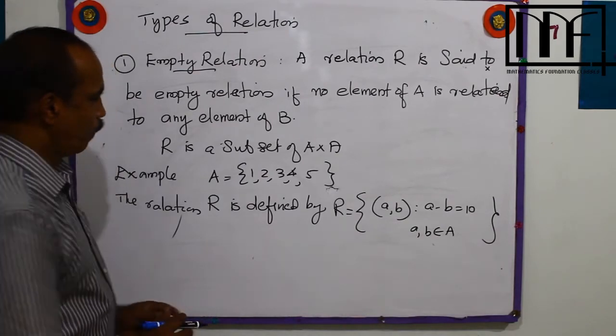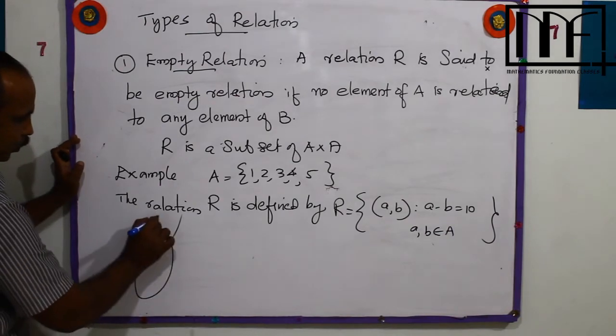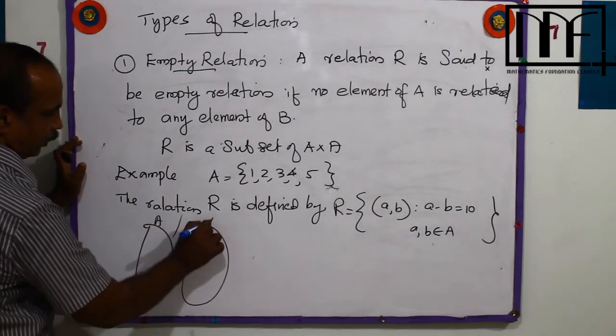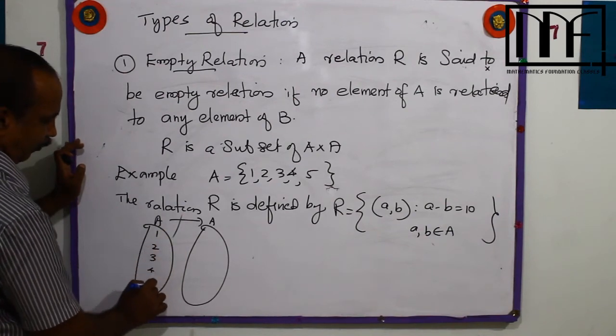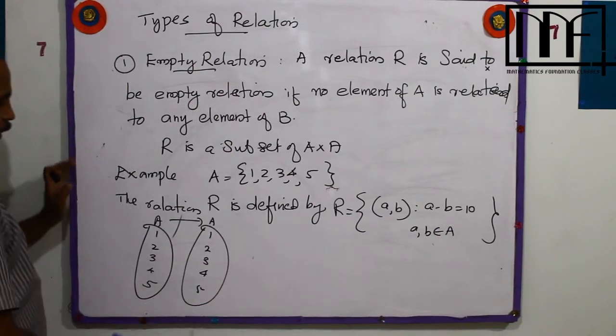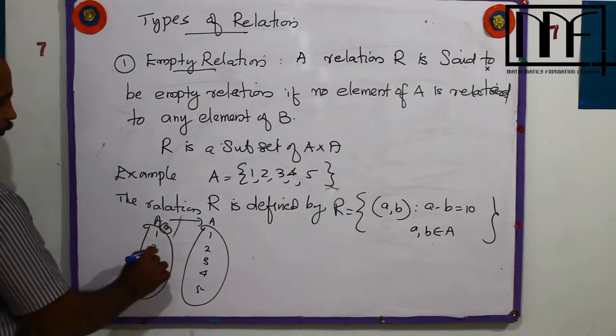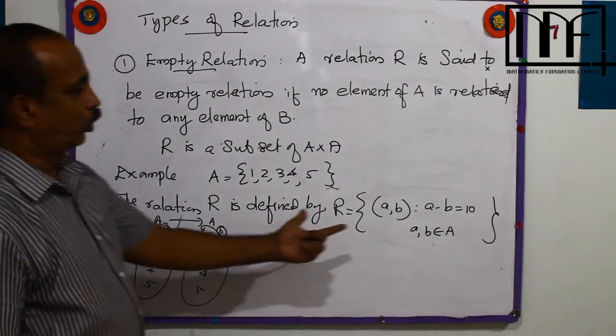Now if you consider the relation from A to A, 1, 2, 3, 4, 5 and 1, 2, 3, 4, 5, we take a from the first set and b from the second set, and a minus b equal to 10.